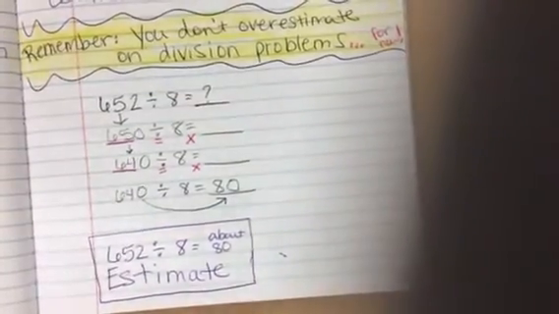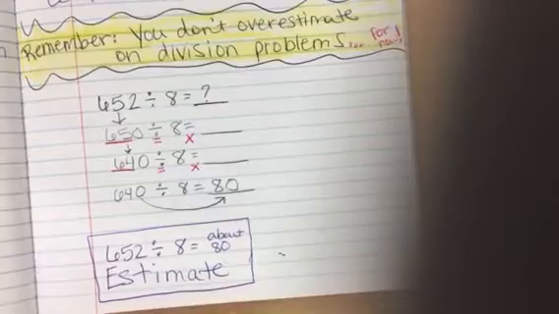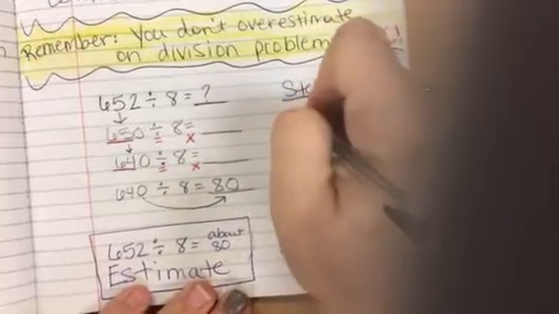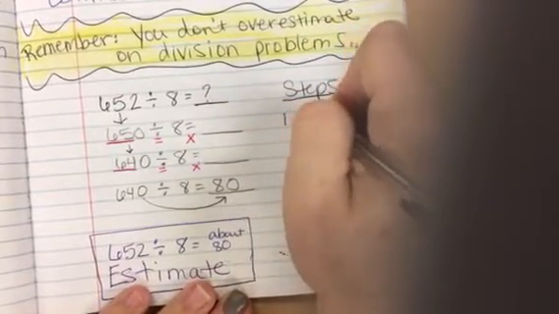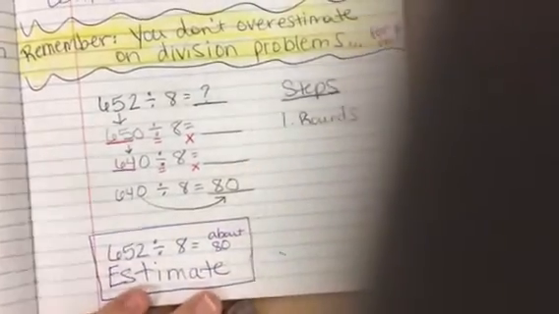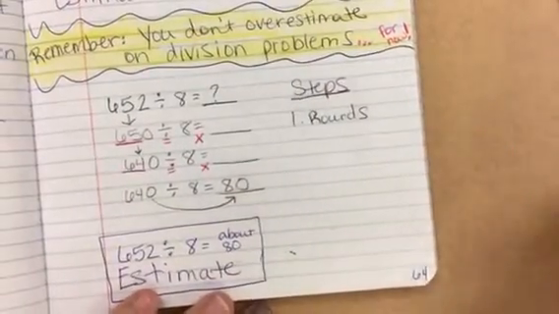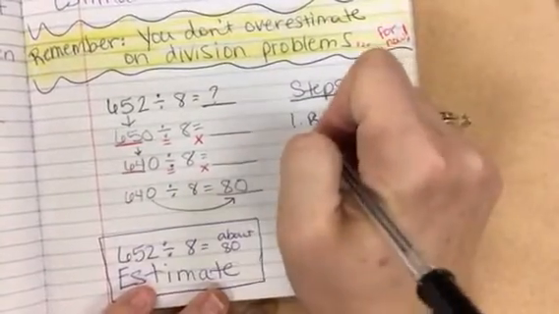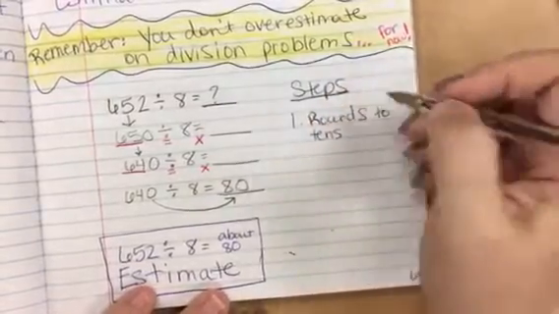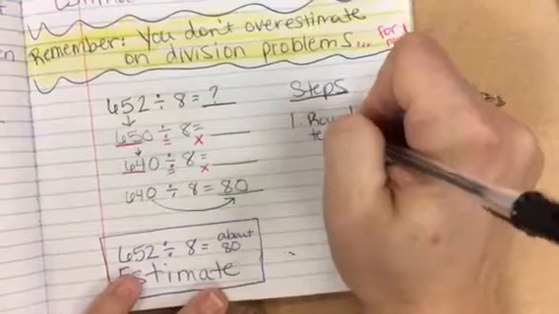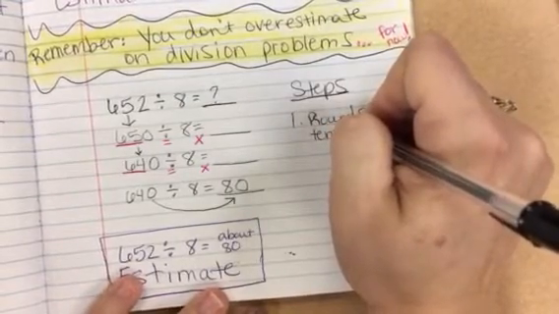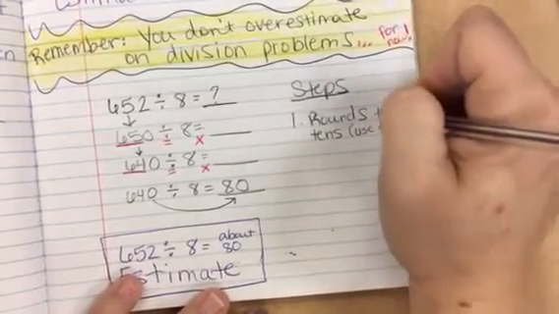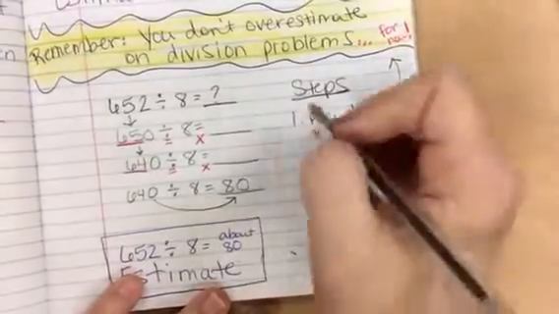Okay, so if I were to write that out in steps, I'm first going to round, and this only works in this situation. If it gets bigger numbers than that, obviously you'll have to stop and think about what place value you need to round to first, and then figure out the basic fact. Round to tens. And I always have to remember, okay, I don't want to go over.